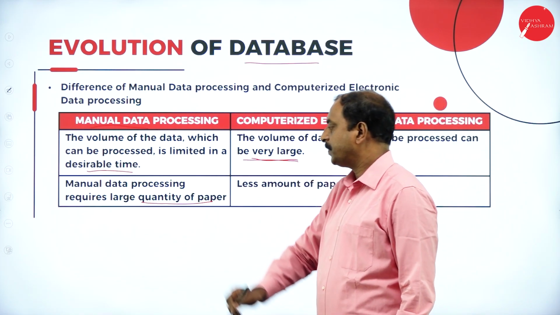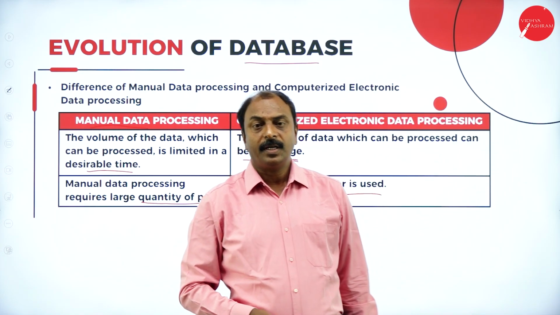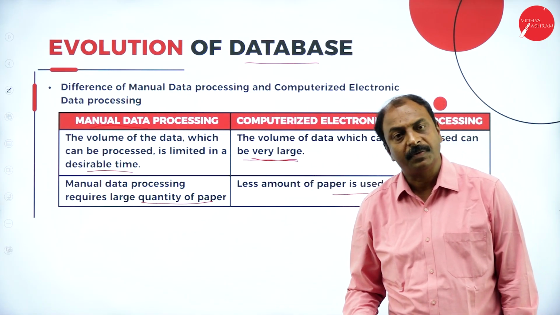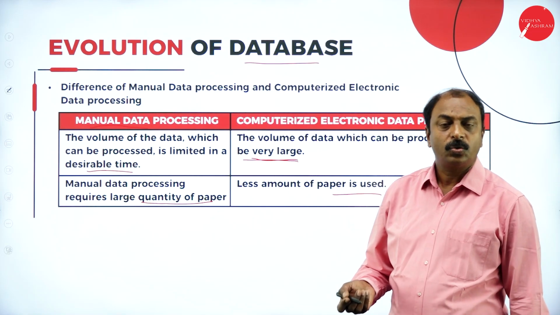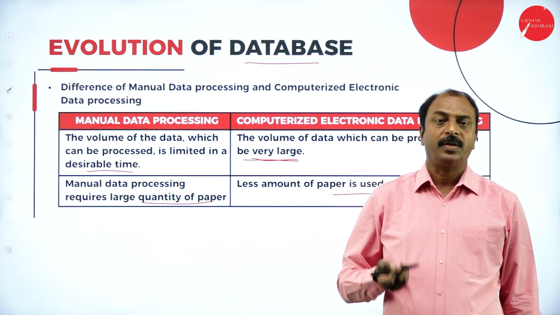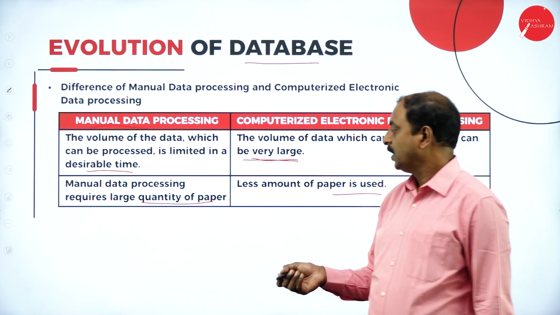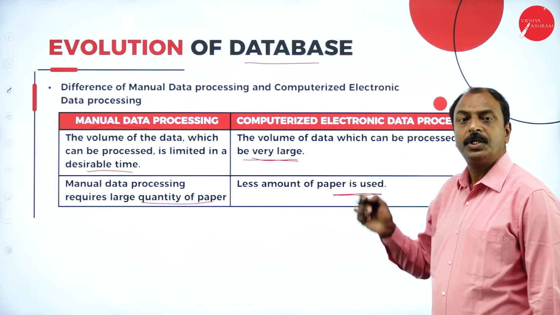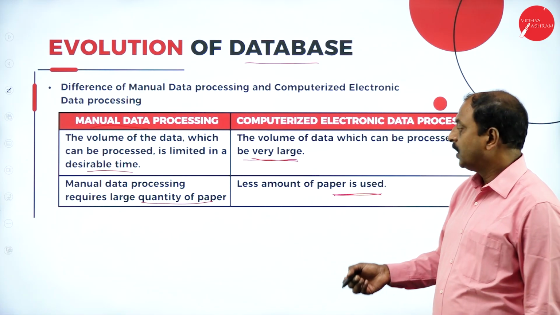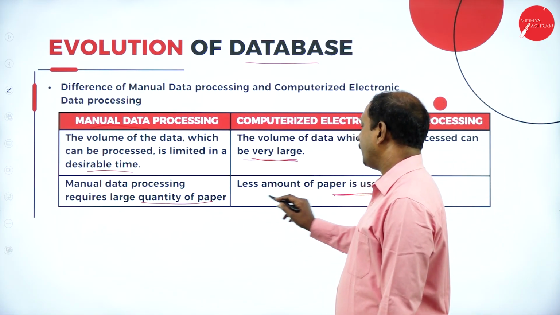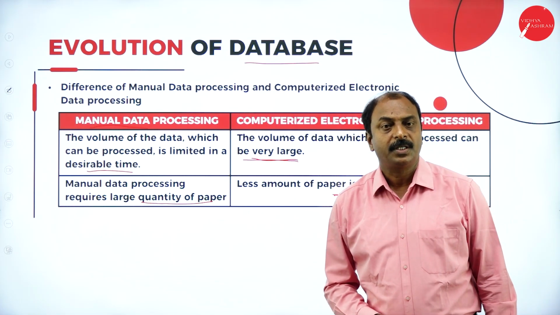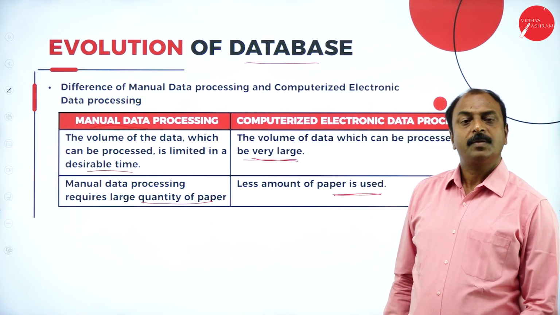As I told you in the previous slide, earlier everything was on paper, there were no computers or memory devices. Everything was stored on paper in the form of accounts, ledgers, and many books. Nowadays everything is in the form of memory units or secondary memory, so the usage of paper has been reduced. This is under computerized or electronic database processing.